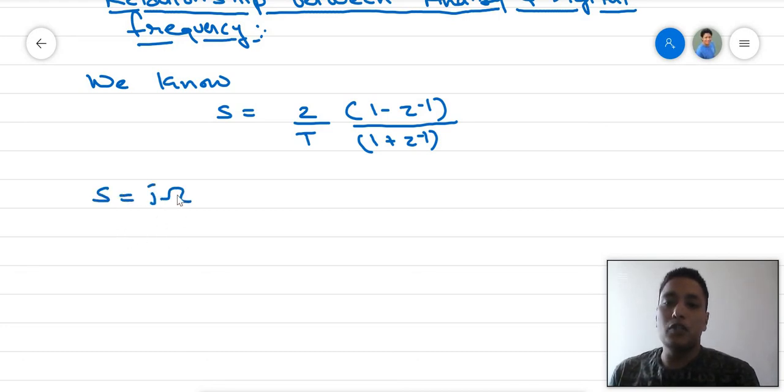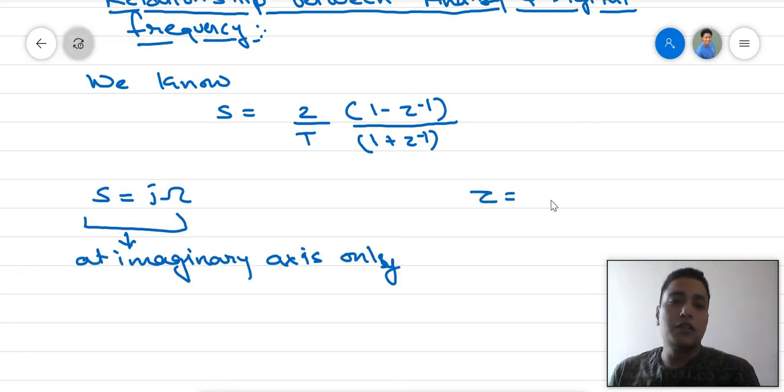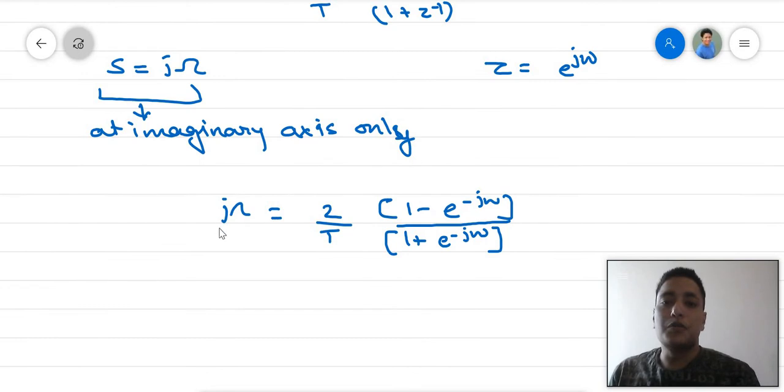Actually it is sigma plus j omega, but we substitute sigma equal to 0 because we want to evaluate this only on the imaginary axis, and Z equal to e to the power j omega, where r is equal to 1. Substituting the values, we get j omega equal to 2 by T times (1 minus exponential minus j omega) over (1 plus exponential minus j omega).